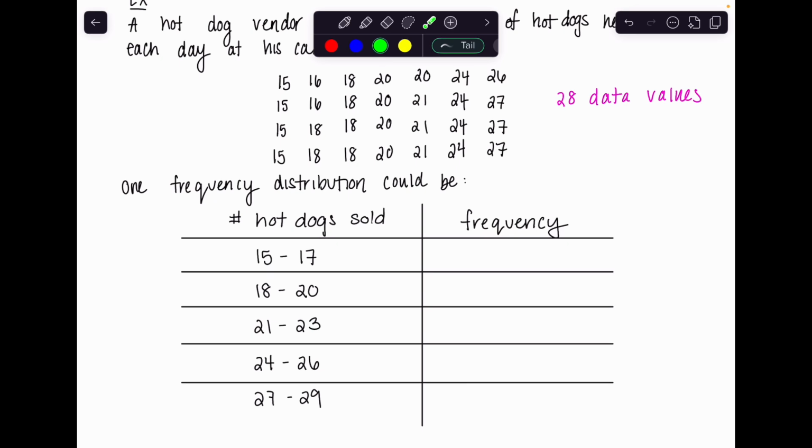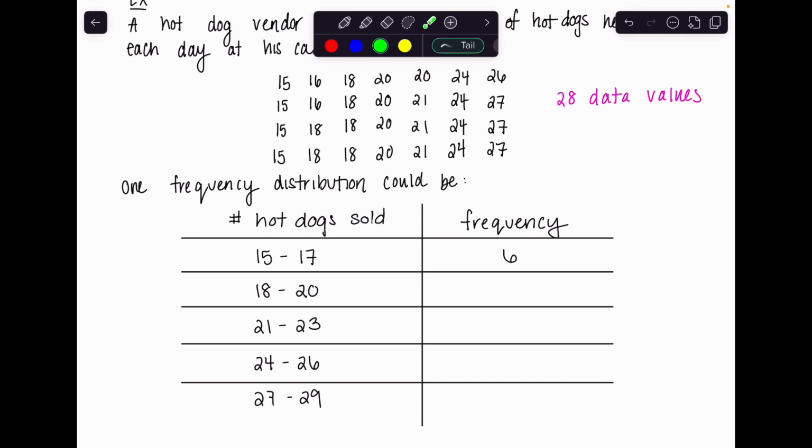Just going through and counting up, looking at my first group of 15 to 17 hot dogs, there's 1, 2, 3, 4, 5, 6 data values that fall in that group. So in my table, my frequency is 6.